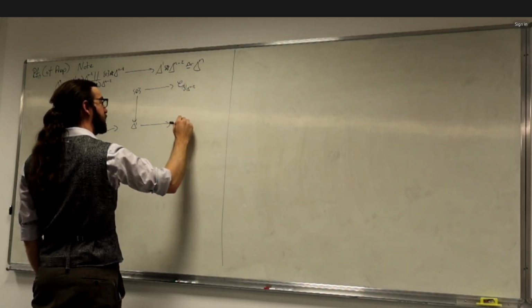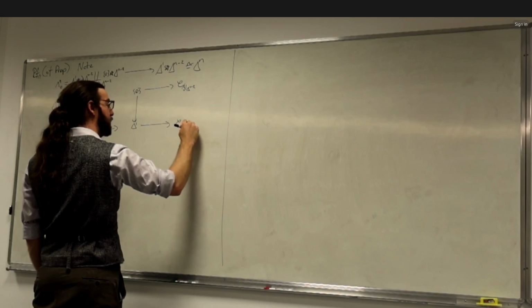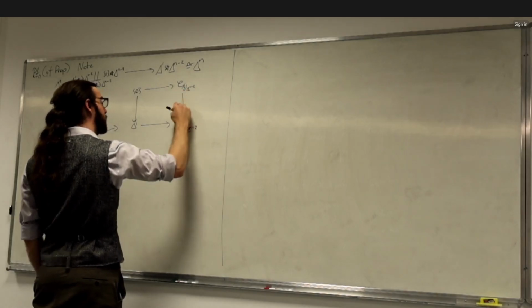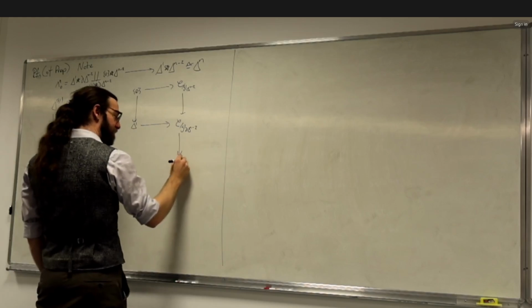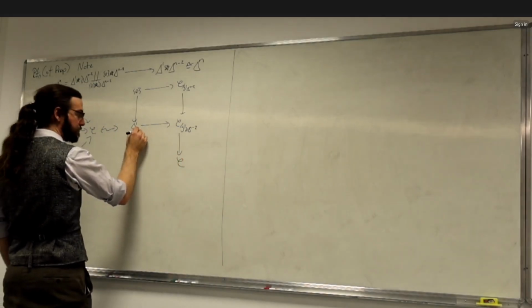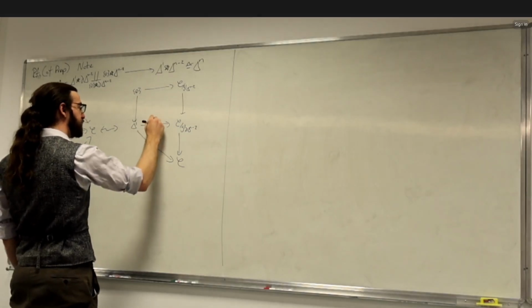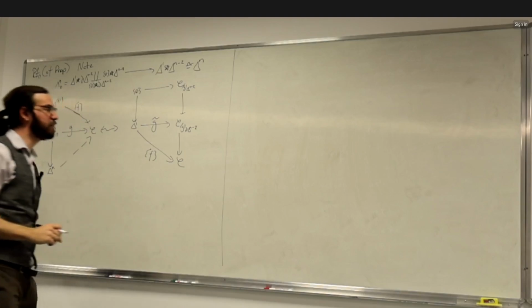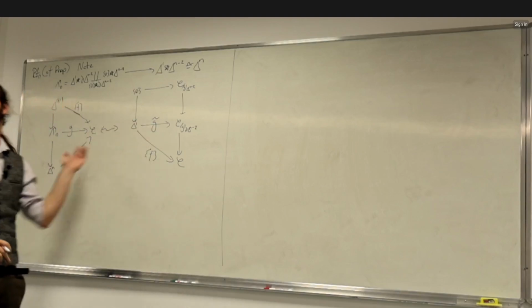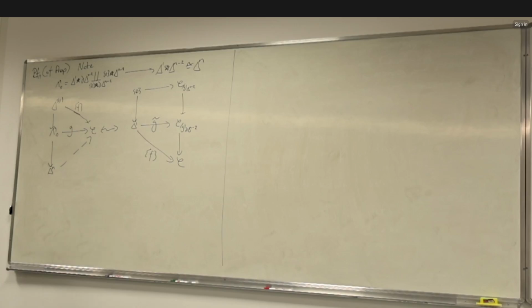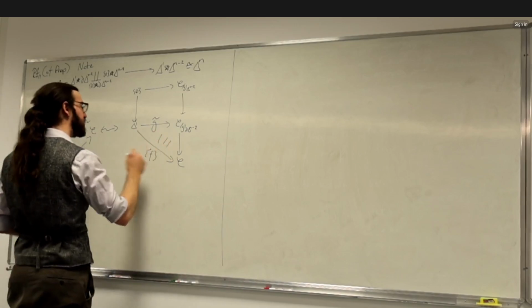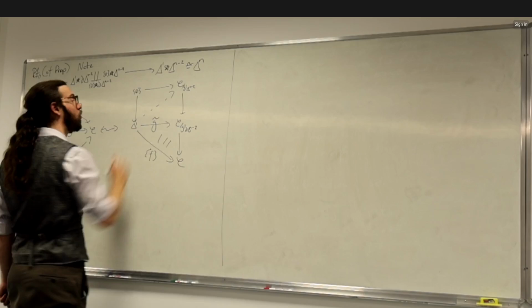Here we'll get c over g restricted to the boundary of delta n minus 2. And then we have this forgetful map to c. This is going to be f. And this is going to be something that I'll call g tilde, because it is a map determined by the restriction of g.